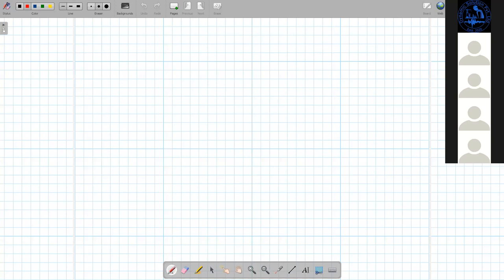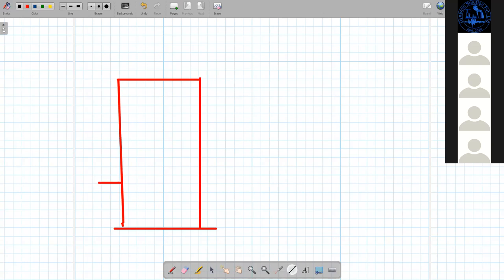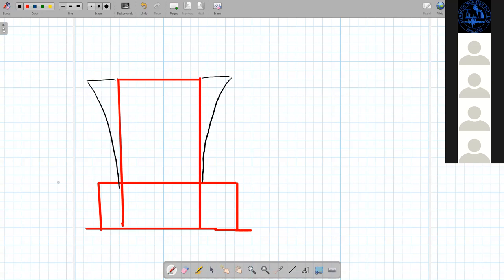So if I have a building which is very rigid in the bottom portion, what happens when it is vibrating? Only this top portion is vibrating.